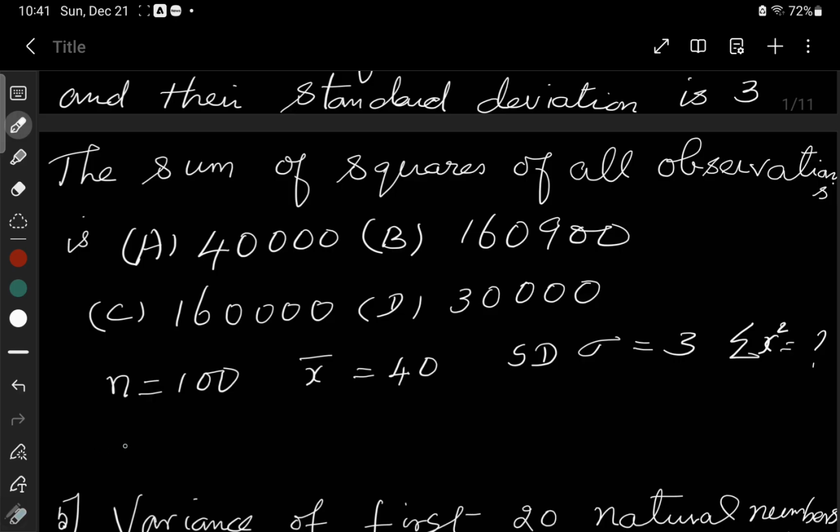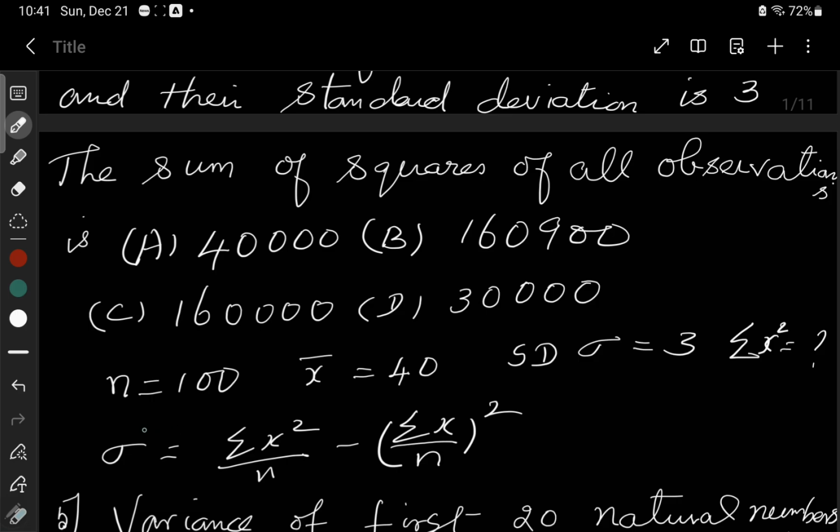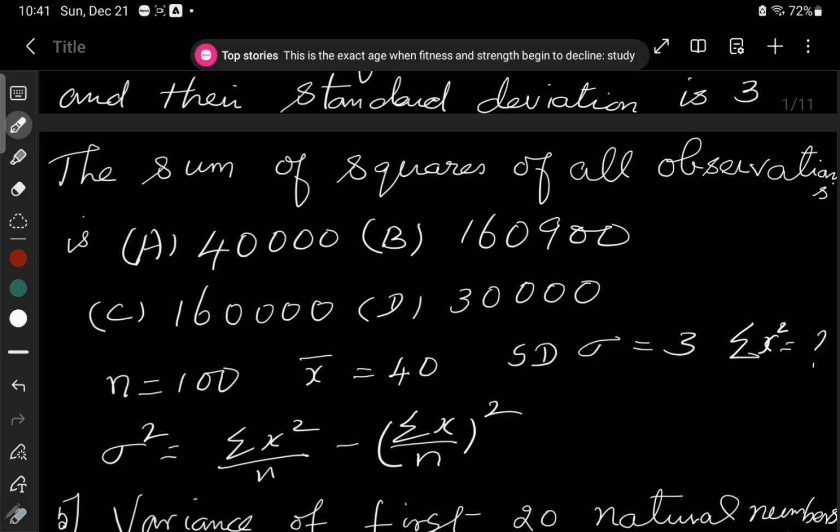In the standard deviation formula, sigma is equal to the square root of sigma x squared by n minus the square of sigma x by n. Squaring on both sides, we get sigma squared.